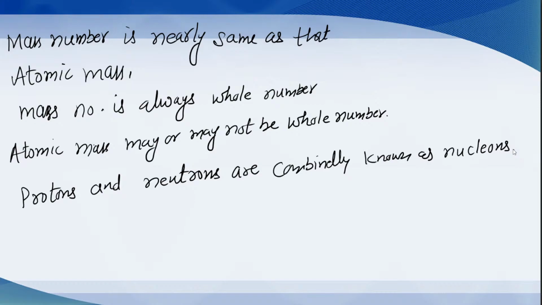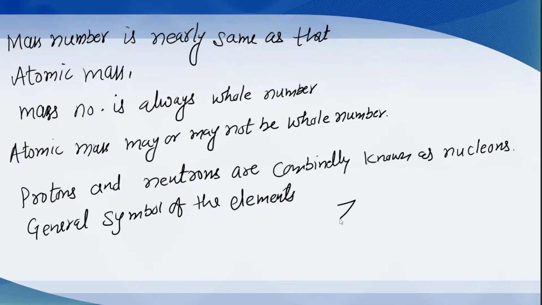So what is the general symbol used for the elements? It is written as ZXA, or in some books as ZXA, where Z is the atomic number and A is the mass number.